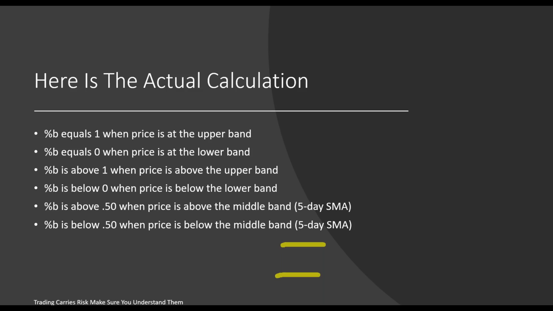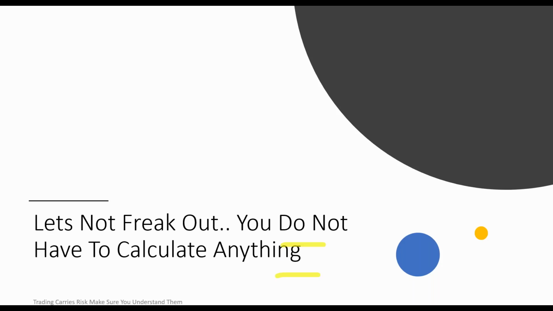Percent B is above 1 when the price is above the upper band, and below 0 when it's below the lower band, so it doesn't tell you how far above or below. And when percent B is near the middle band, we give it a value of 1/2 or 0.50. So let's not freak out. You don't have to do anything to calculate all this.